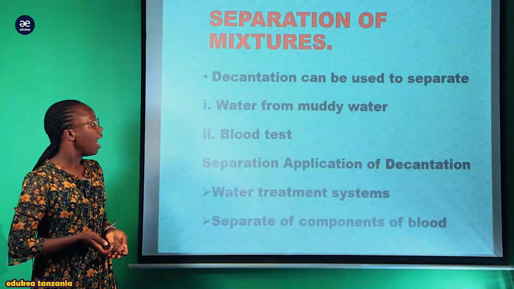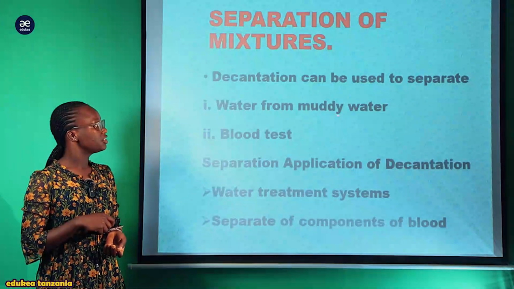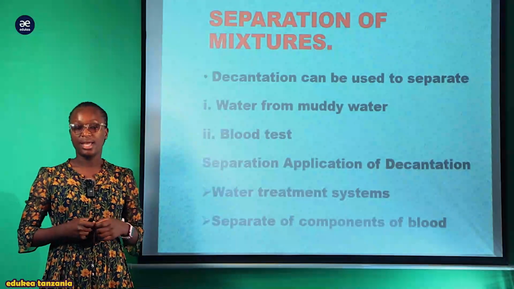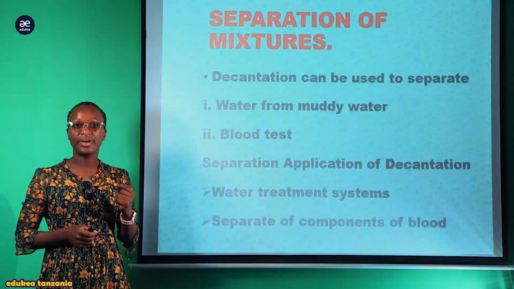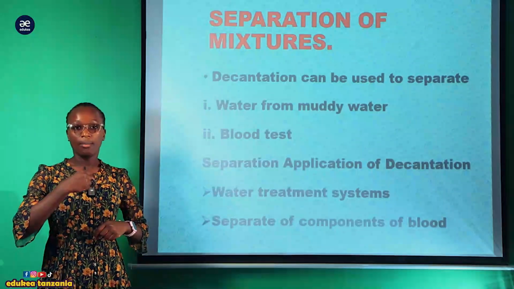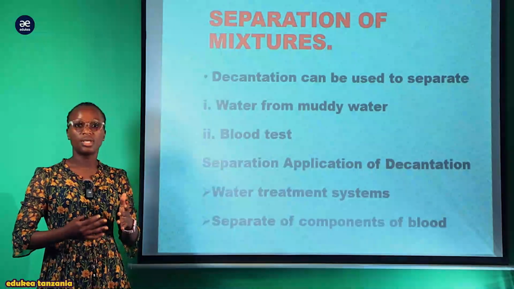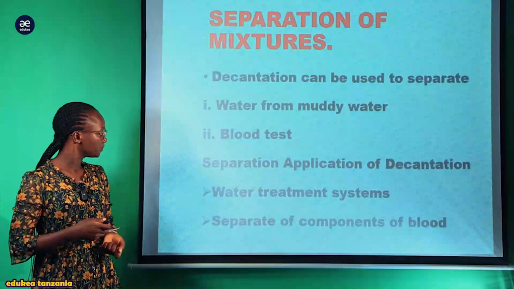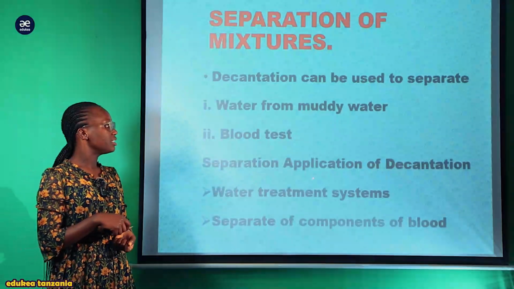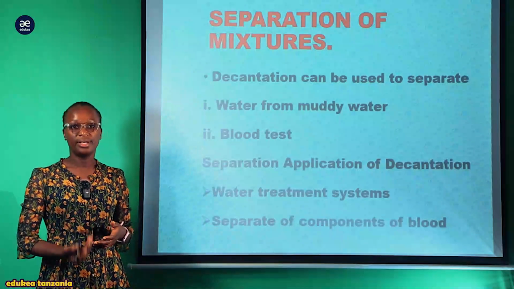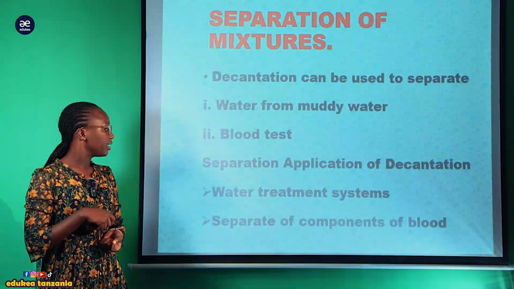Another, this decantation can be used in separation in blood test. In blood test, decantation is very easy to apply since we are able to pour out those liquids or to separate some of the solid particles and the liquid materials. Now, how can this decantation be applicable? It can be applicable in water treatment system.